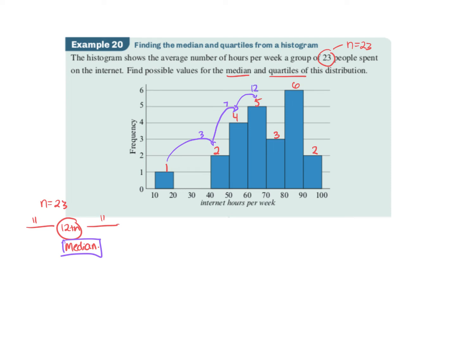So the median definitely occurs in here. Because we hit right on 12 when we add this 5, we'll say it's between 60 and 70, but it's probably the 70th one.